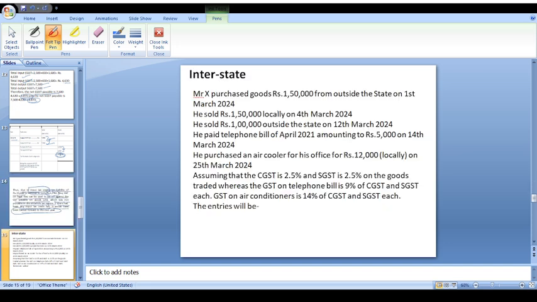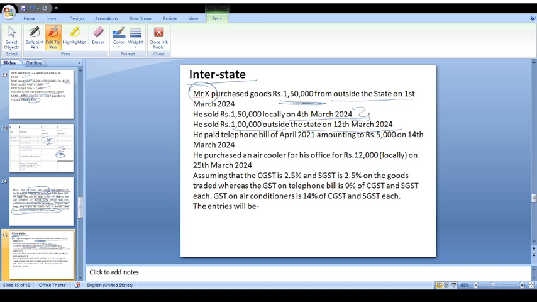Now I will discuss how to calculate CGST and SGST in case of interstate. For example, Mr. X purchased goods worth 1,50,000 from outside the state on 1st March, and he sold 1,50,000 on 4th March locally, and then he again sold 1 lakh outside the state on 12th March.